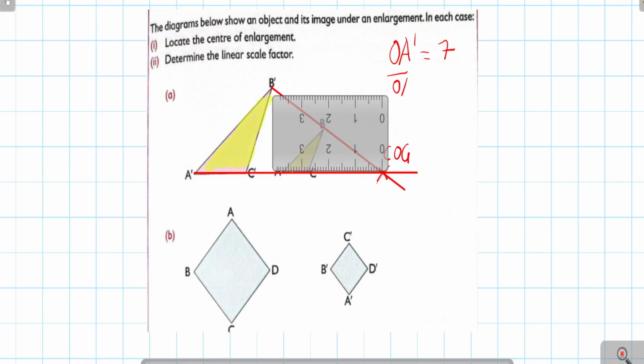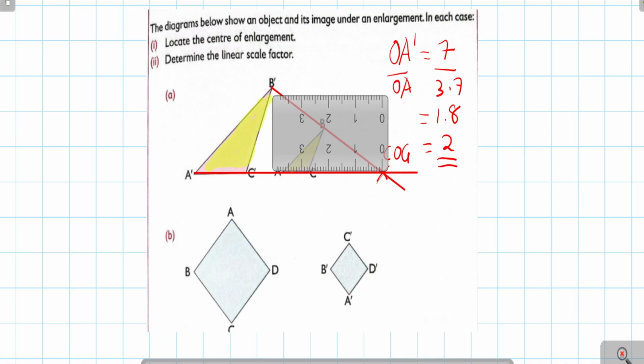So OA ni 3.7. So you take 7 divided by 3.7 na itakupa around 1.8. Let's say if you round it off to one significant figure is around 2. So the linear scale factor can be around 2.